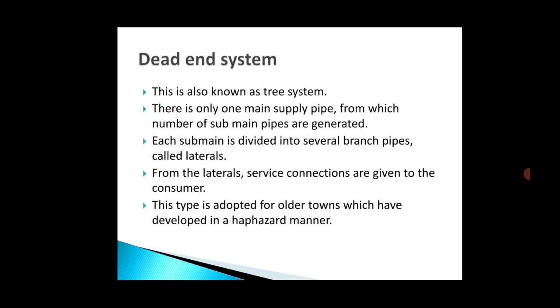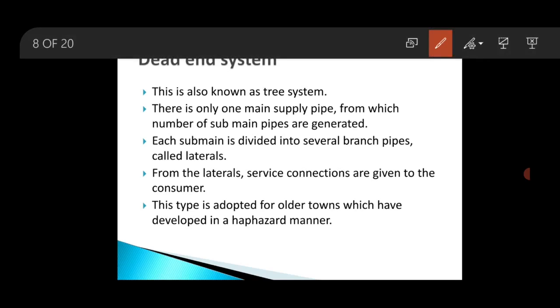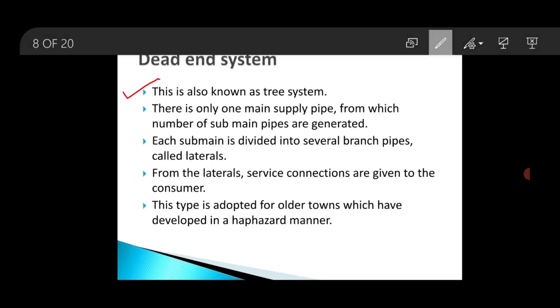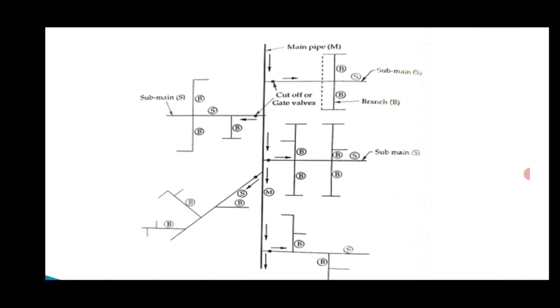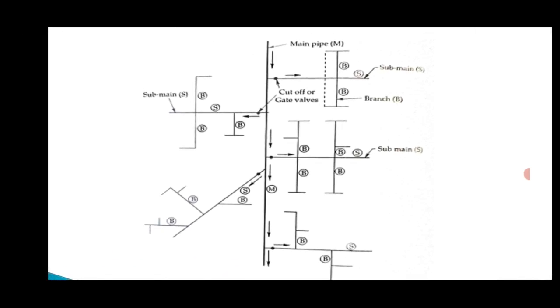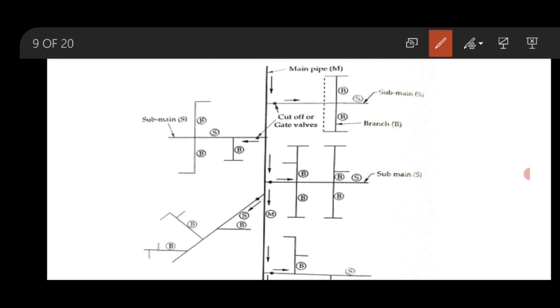This dead end system is also known as tree system, in which there is only one main supply pipe. See the diagram of a dead end system. In this there is a main pipeline from which a number of submain pipes originate.